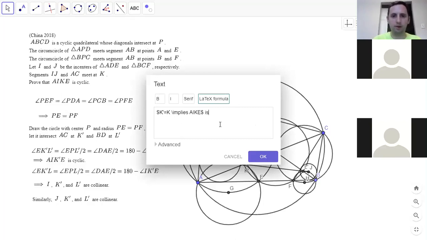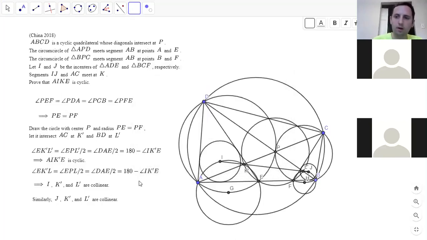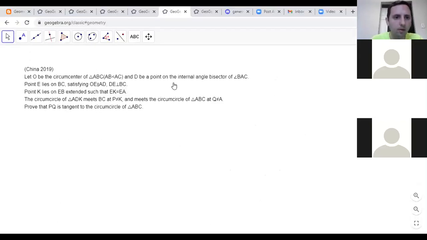All right, you guys want to go back to the problem that we didn't solve, or do you want to try a new one? Let's see. So we have this problem. New one.